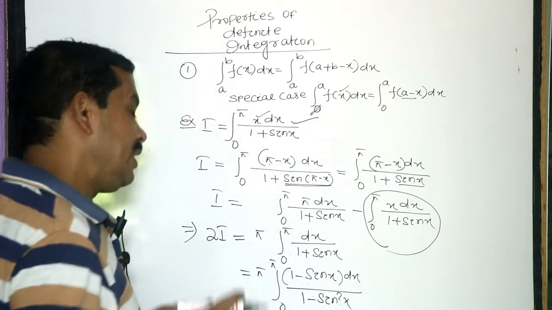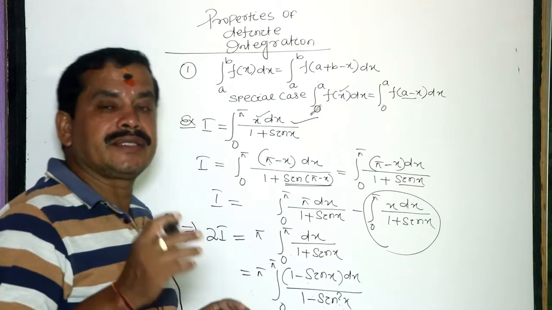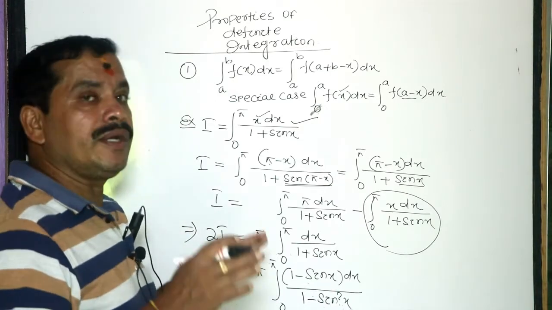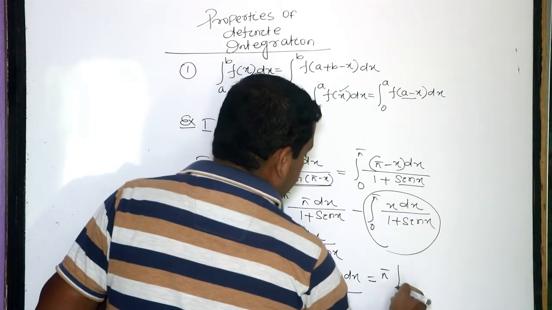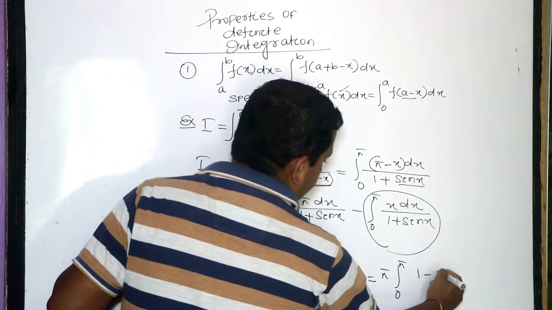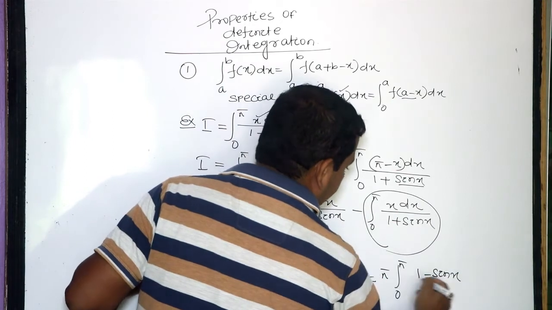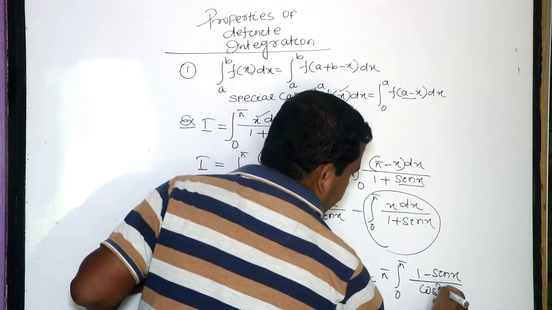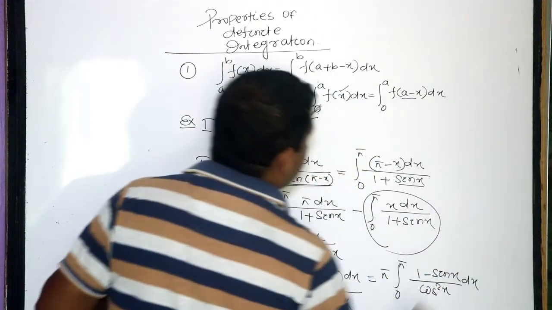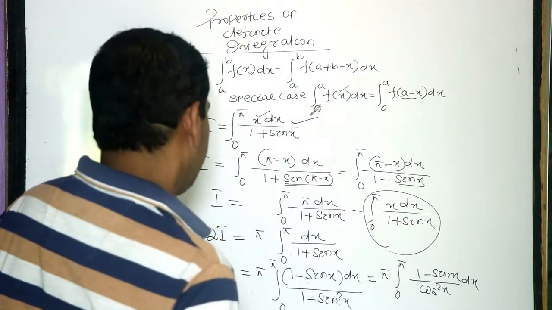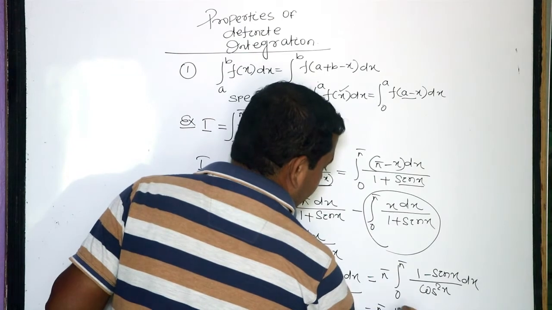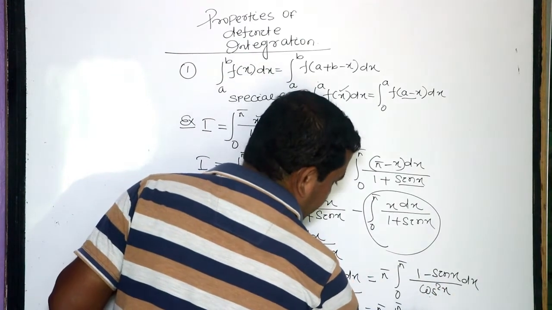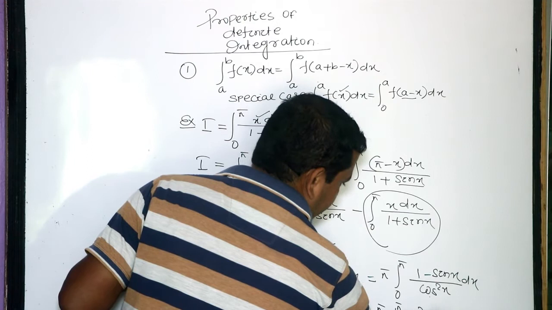Now the integration becomes 0 to pi of 1 minus sin x by cos square x, since 1 minus sin square x is cos square x.